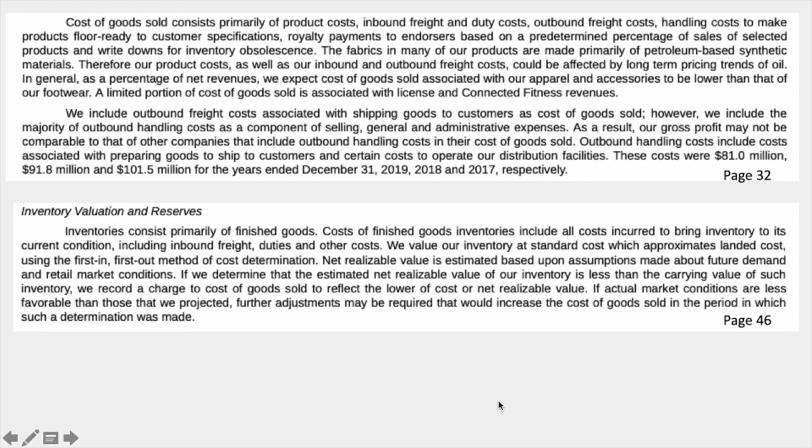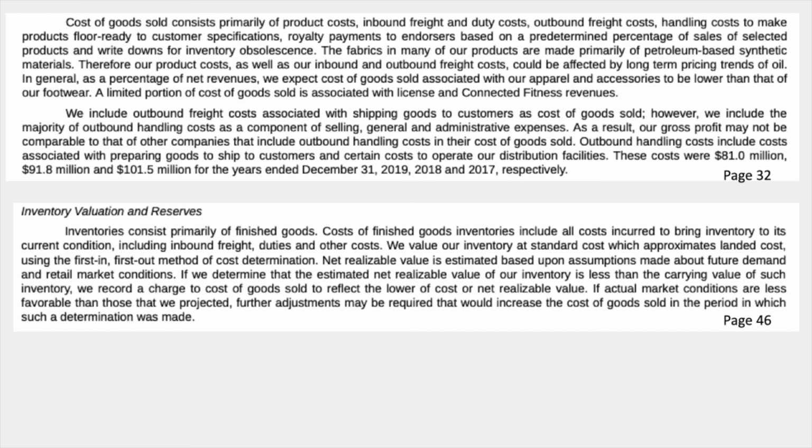And so it goes on and says, net realizable value is estimated based upon assumptions made about the future demand and retail market conditions. So again, they're trying to figure out what they can sell it for, what the selling costs are, things like that. If we determine that the estimated net realizable value of our inventory is less than the carrying value of such inventory, which is the process we just went through in these two videos, we record a charge to cost of goods sold to reflect the lower of cost or net realizable value.